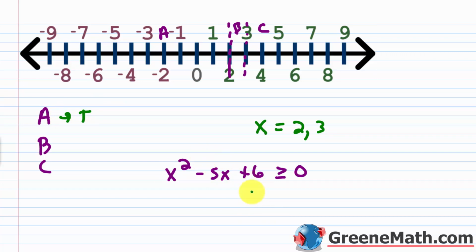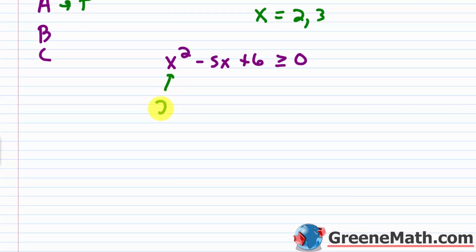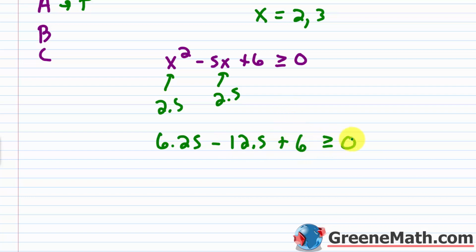Well, I can take something like 2.5. That's between 2 and 3. So if I plugged in a 2.5 there and there, what would I get? Well, 2.5 squared is 6.25. Then if I subtract away 5 times 2.5, 5 times 2.5 is 12.5. Then if I add 6, is this greater than or equal to 0?